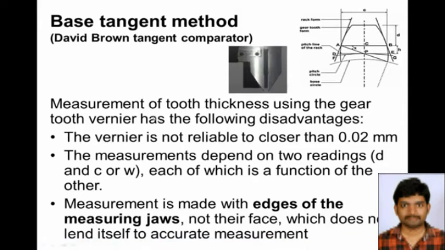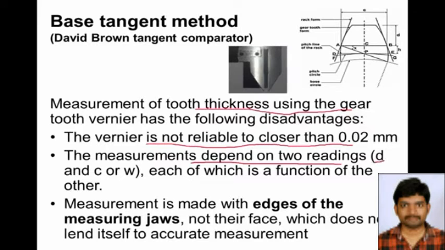Okay. The measurement of tooth thickness by using a gear tooth vernier has some disadvantages. Those disadvantages are that the vernier is not reliable to closer than 0.02 mm.